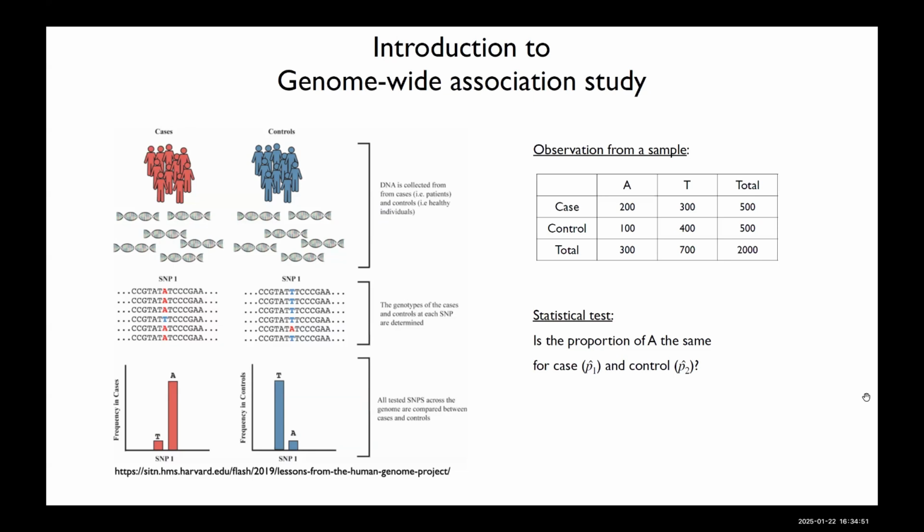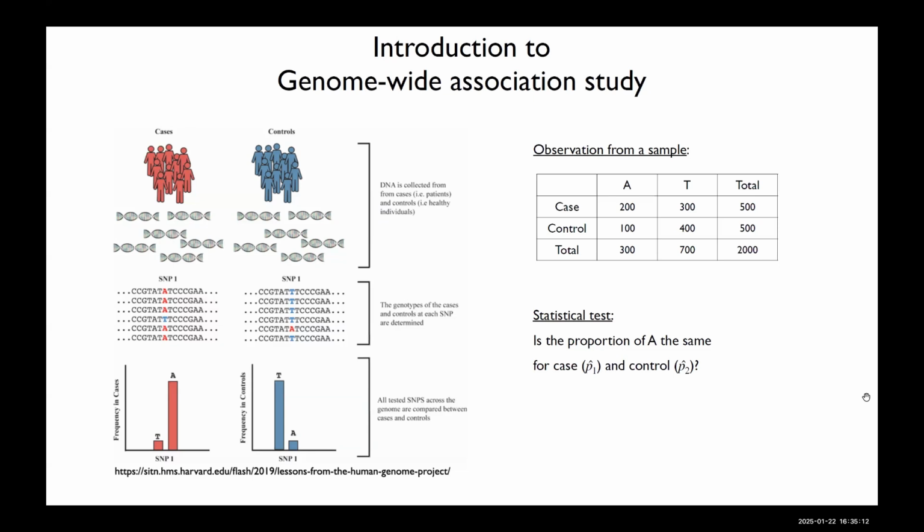So, for example, if you look at the proportion of A in cases, it's 200 out of 500. So this is roughly about 40%. And in control, the proportion of A is 100 out of 500 individuals. So it's 20%.